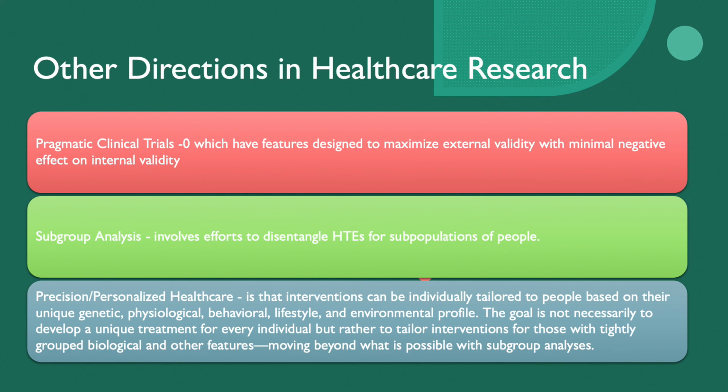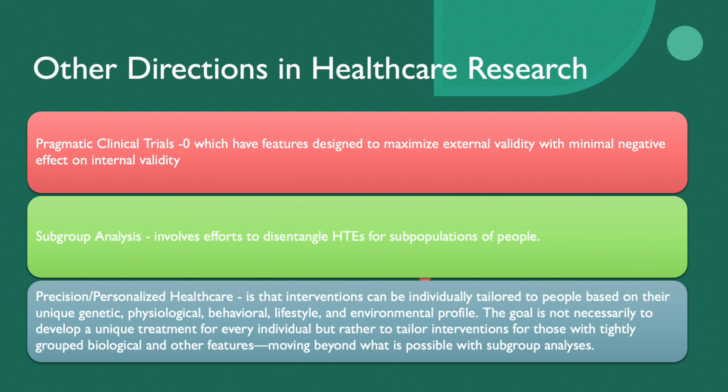And finally, precision or personalized healthcare, which has come into favor recently, and it is where interventions can be individually tailored to people based on their unique genetic, physiological, behavioral, lifestyle, or environmental profile.